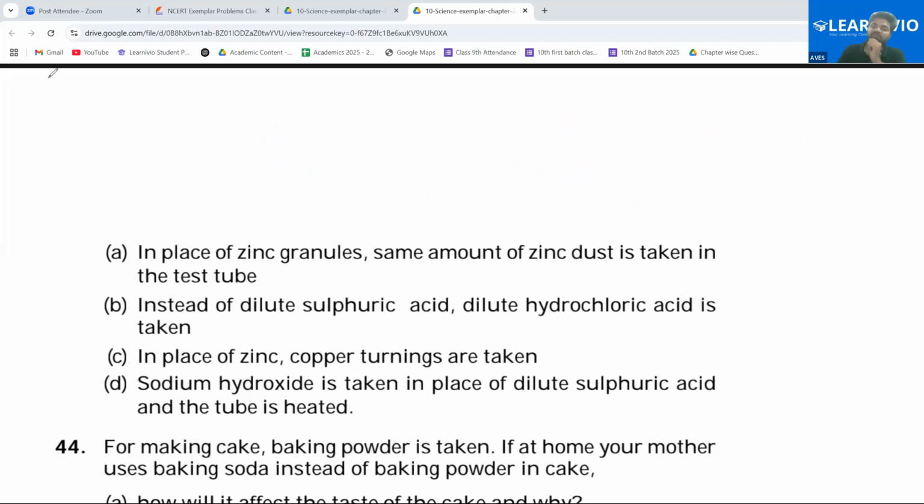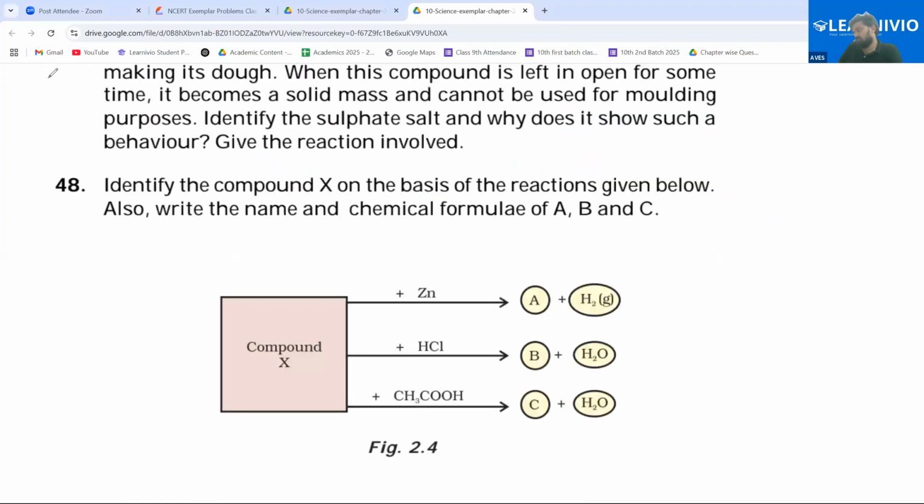What could be the answer for question number 48? Sir, the compound X will be some metal, right? What do you say? Sir, let me think.